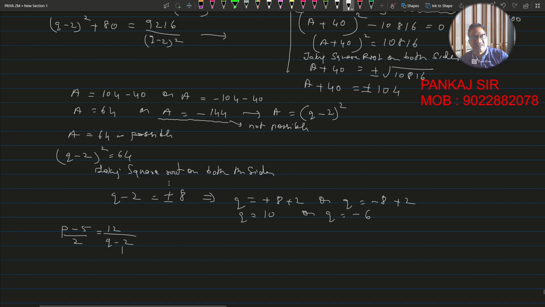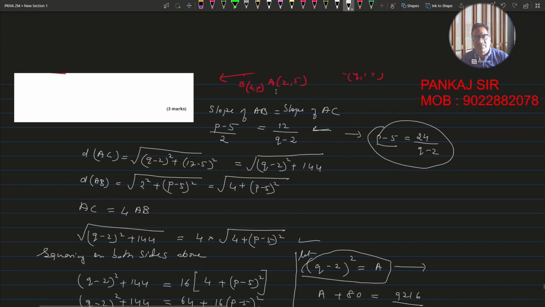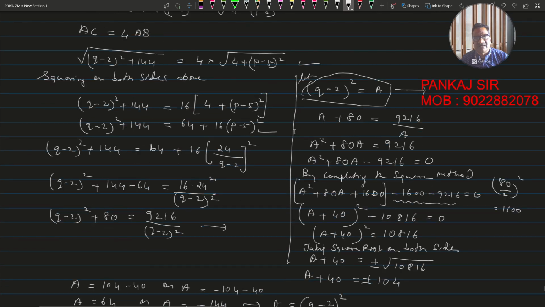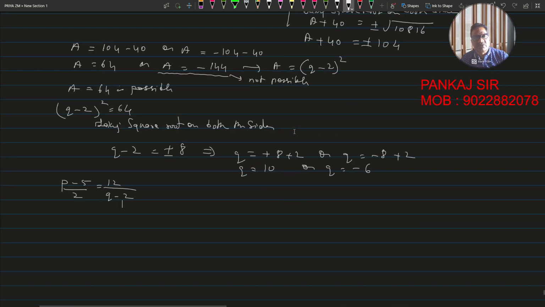Let me recheck it. P minus 5 upon 2 is 12 upon q minus 2. Yeah, it's correct. So we have got just now the values of q as 10 and minus 6.